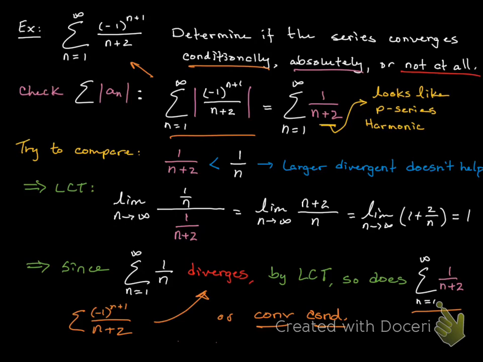Now, why didn't we just check that to begin with? Well, what test would we use to determine if that original series converges? We would check the alternating series test. But the alternating series test doesn't tell me if a series converges conditionally or absolutely. So that's why we have to check this absolute value version in order to make any sort of assessment on absolute or conditional convergence.